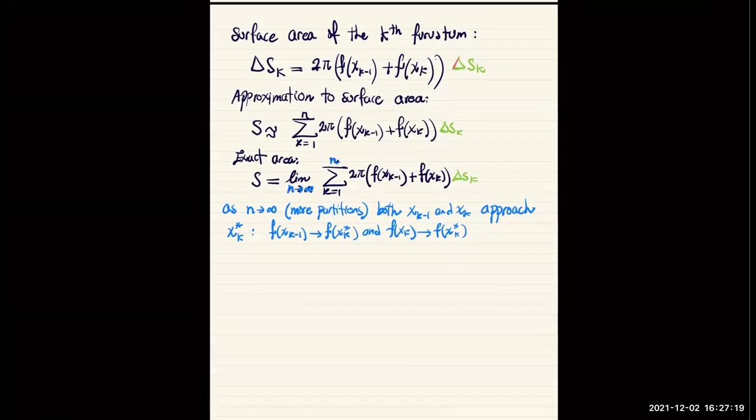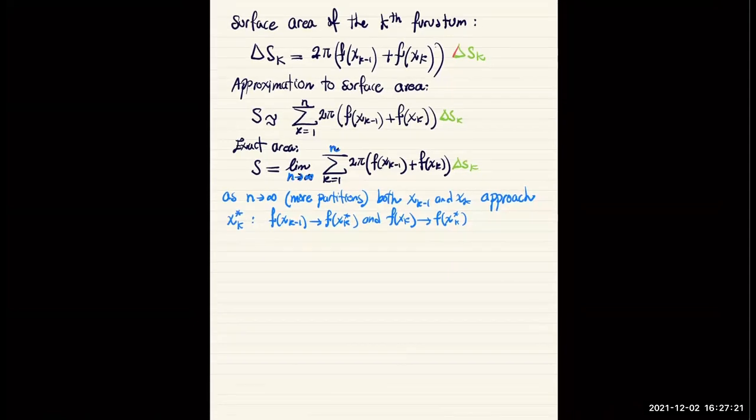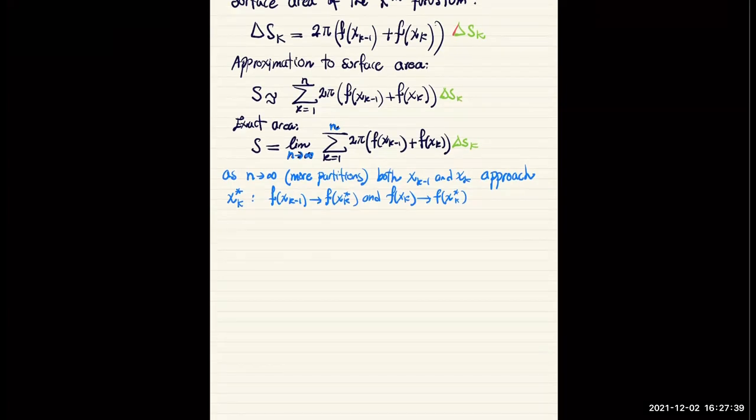So what happens is that since these become the same thing, these two, you end up with two of them. We could write the limit this way.